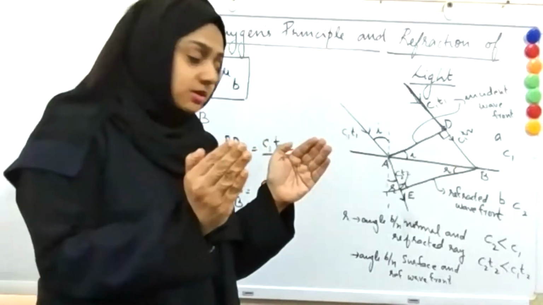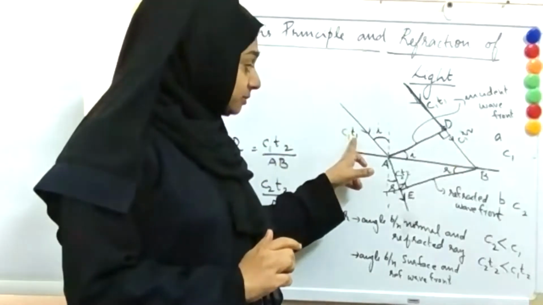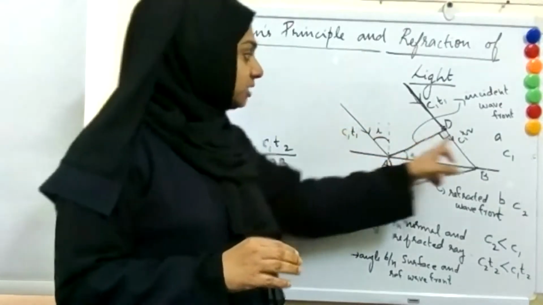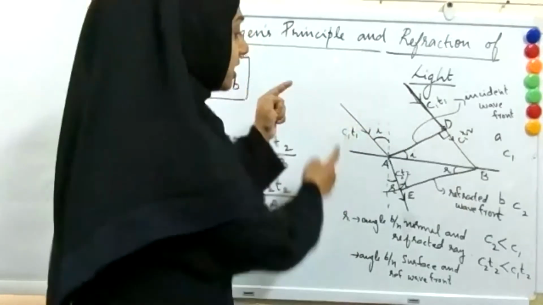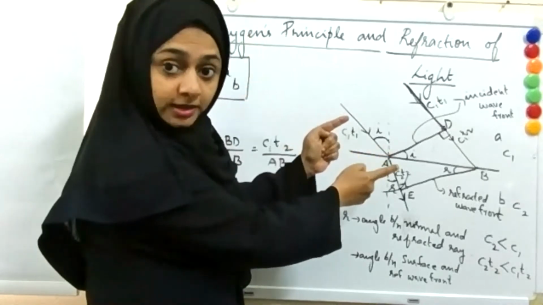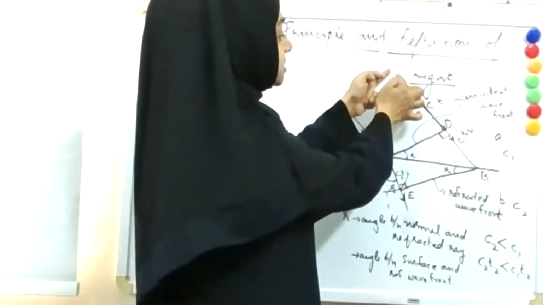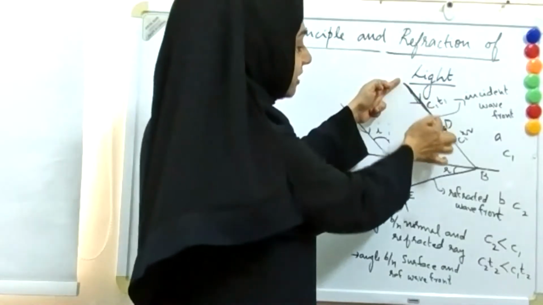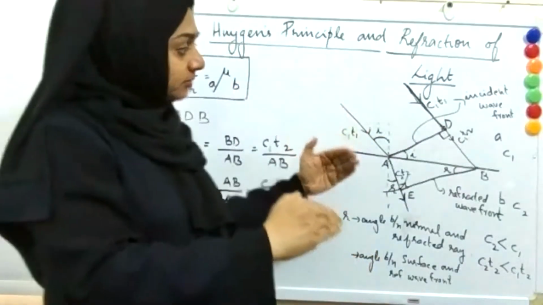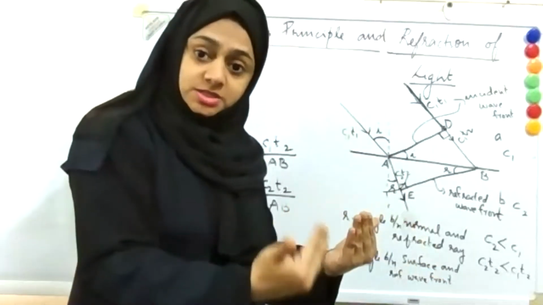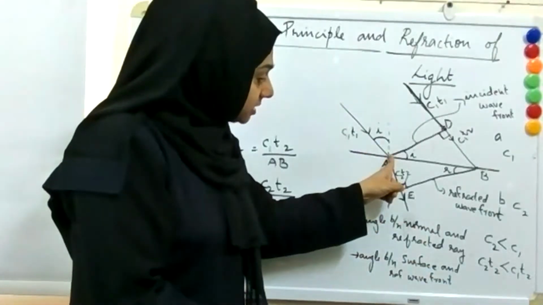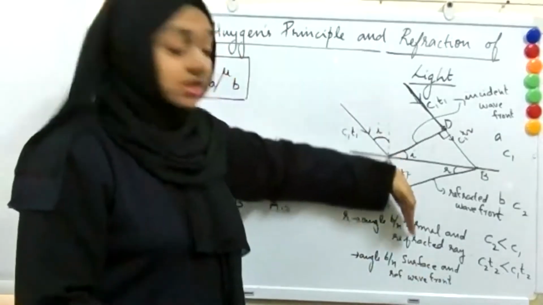So in the first interval, we assume in a time t1, the light ray travels with the velocity c1 in medium A. So it must have traveled this distance and is incident on the surface at a point A. And in the same time, the light ray which is parallel to it must have traveled c1 t1 and reached a point D. Now, in the second time interval, that is t2, this light ray which is incident at A will enter the second medium.